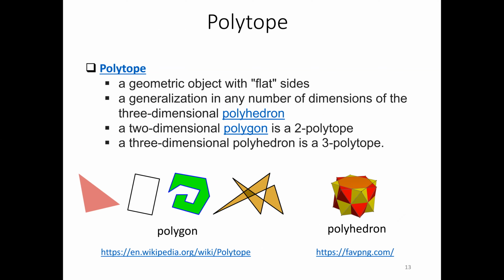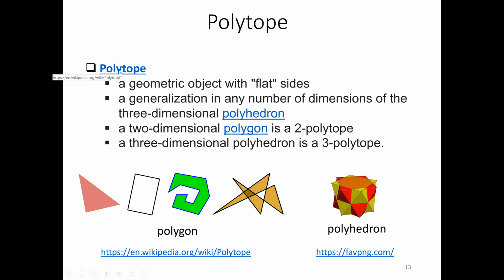So what is a polytope? A polytope is a geometric object with flat sides. You can find it on Wikipedia, so here I put the embedded link; you can click it and read it there. It is a generalization of the three-dimensional polyhedron to any number of dimensions. It is a little bit confusing when I say polyhedron and polytope.